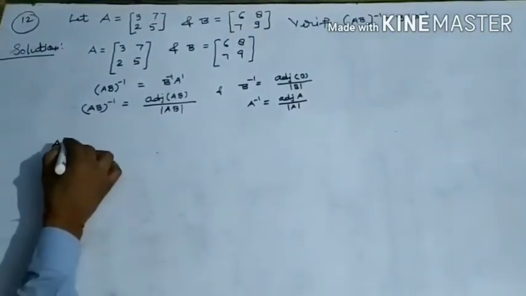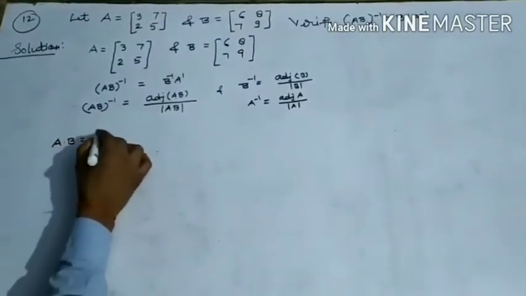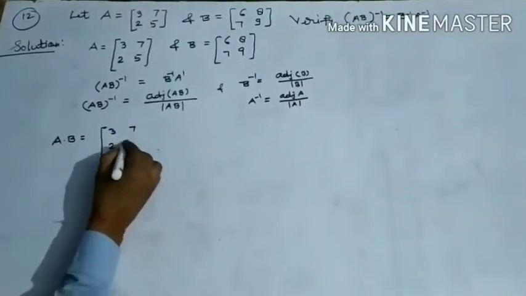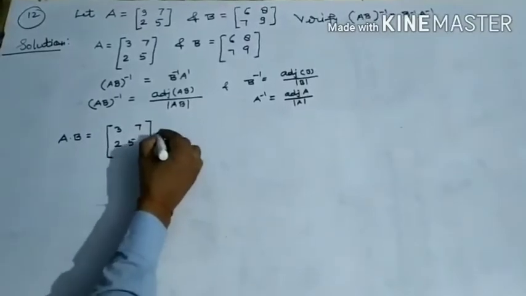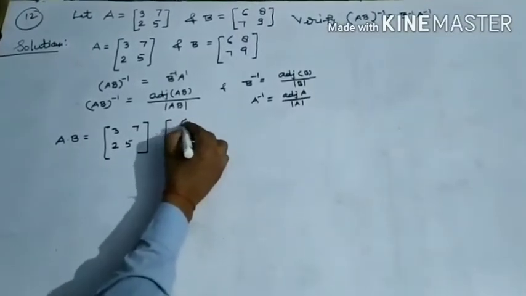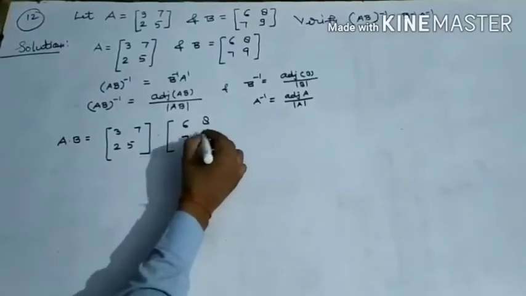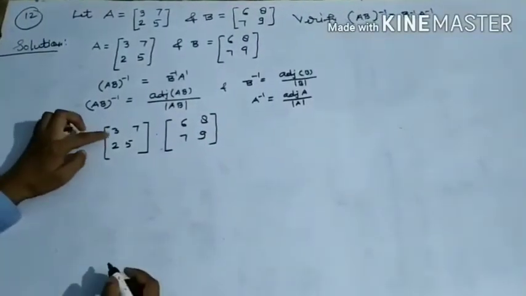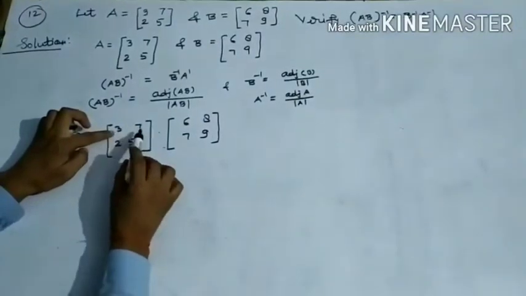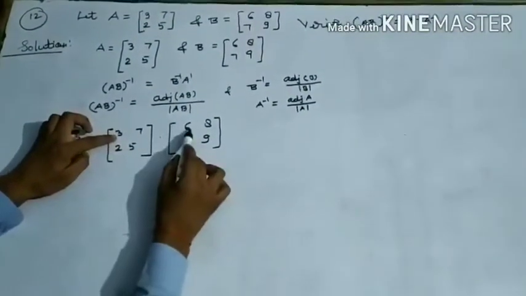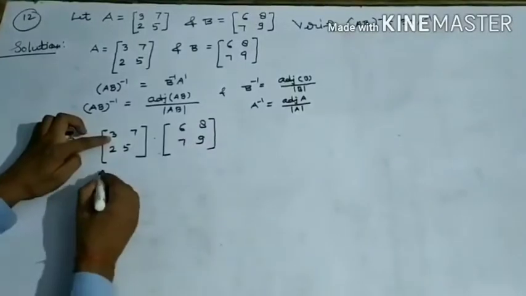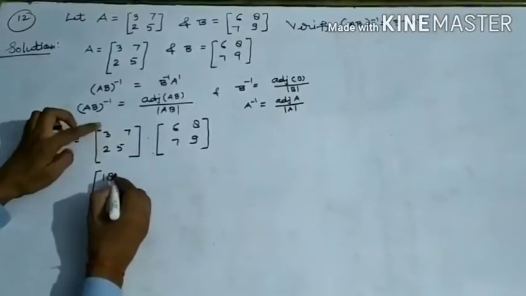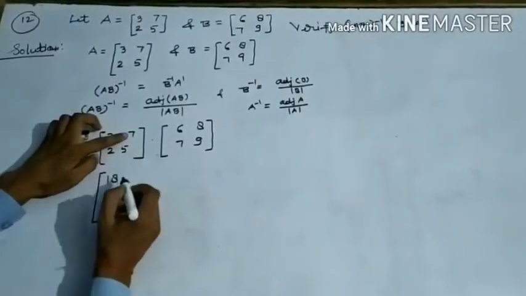A into B. So this is equal to A, this is [3 7; 2 5], and B is given [6 8; 7 9]. Now if we use the matrix multiplication concept, 3 multiplied by 6 is 18, and 7 multiplied by 7 is 49.